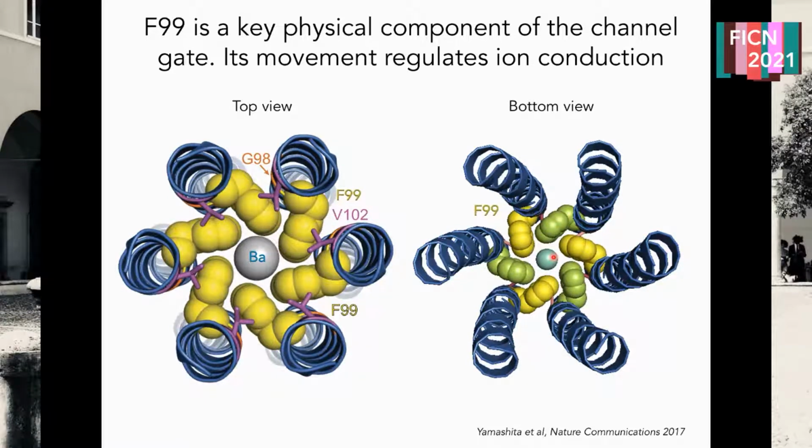When STIM1 binds to the channel, these phenylalanines, through an unknown mechanism, displace away from the ion conduction pathway, but the exposure of this valine that's located one turn above is not significantly altered because it's located right in the middle of the pore exposed surface. So the dynamic part of the barrier is regulated by the displacement of F99 in and out of the ion conduction pathway.